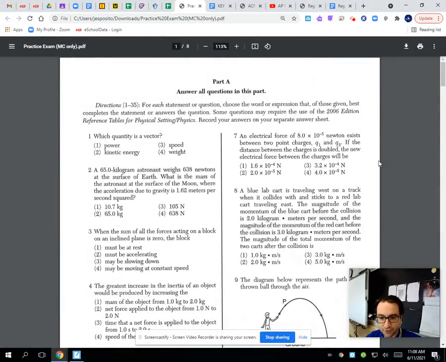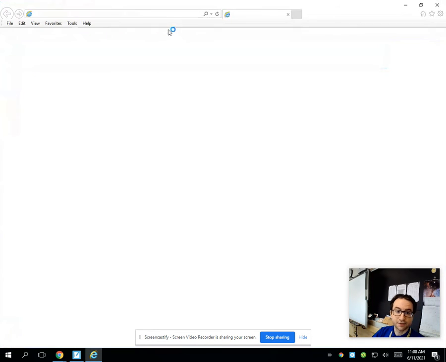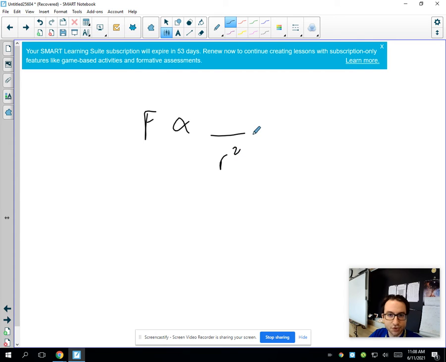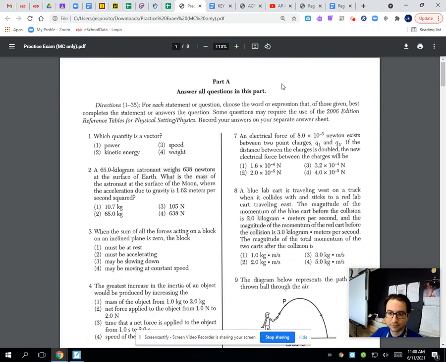Number 7, we have an electrical force of so many newtons between two charges. We double the distance. The new electrostatic force will be, well, your electrostatic force equation is related to distance by the inverse square law. The full equation is kqq over r squared. If we double the distance, then we inverse square the force.